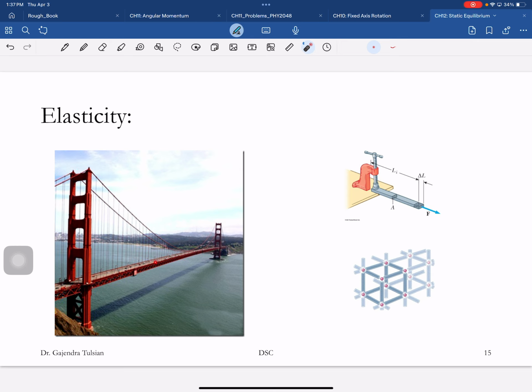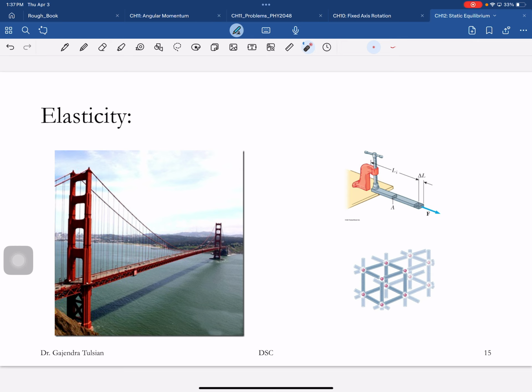And once you drive away, if the cables didn't go back to their original shape, then over time the bridge would keep lowering, the span would lower, and pretty soon it'll be hitting water. So you drive over the bridge and the cable that stretched went back to its original length.